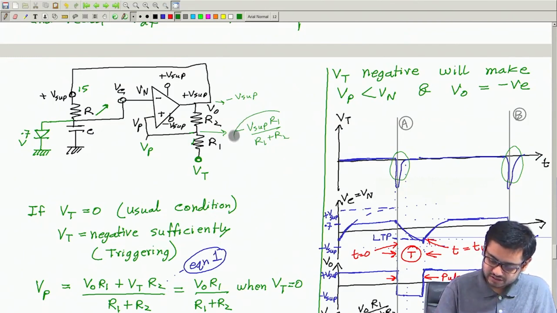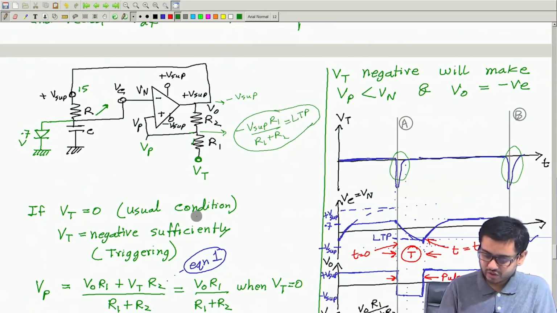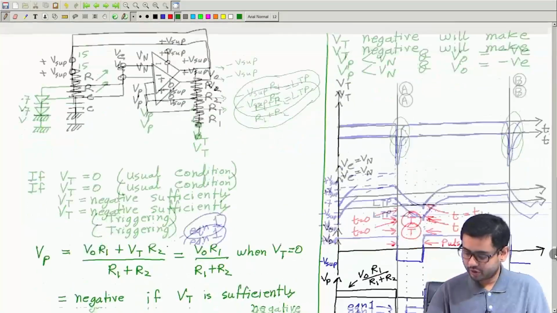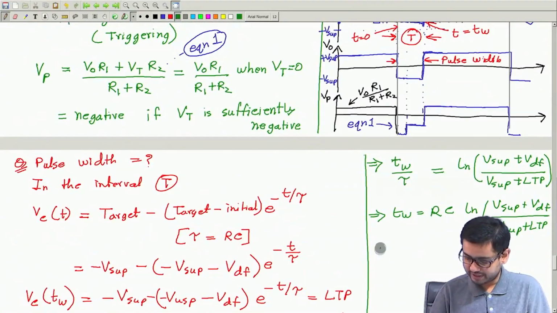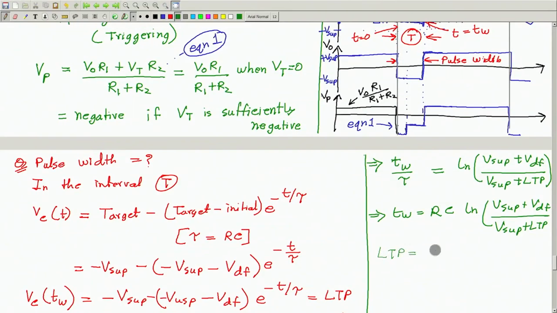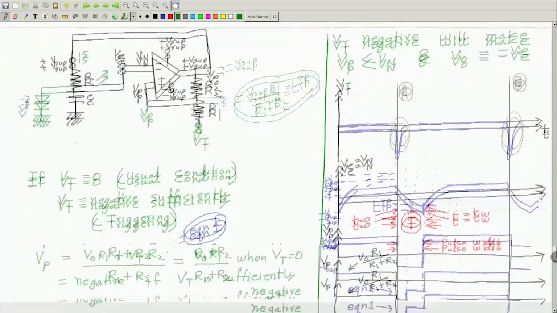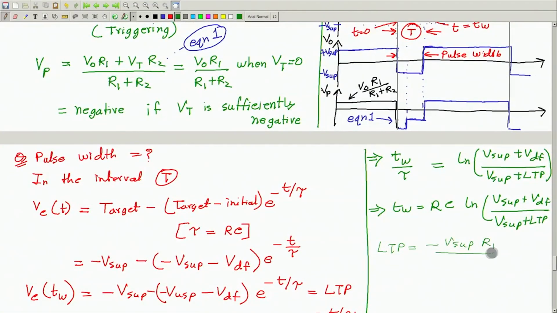So, this is the lower trigger point. LTP is equal to minus V supply times R1 by R1 plus R2.